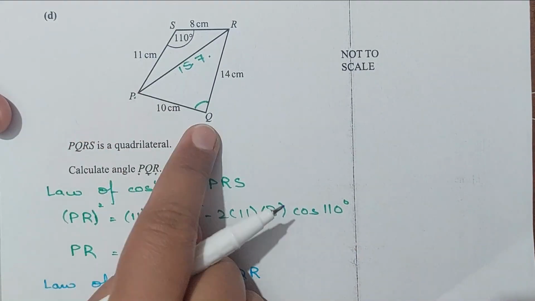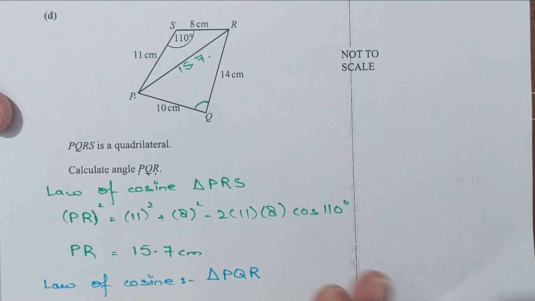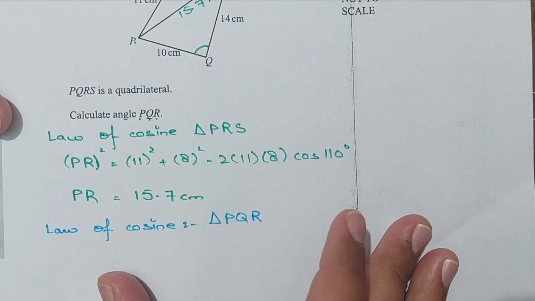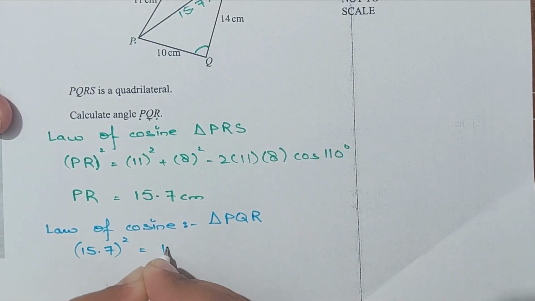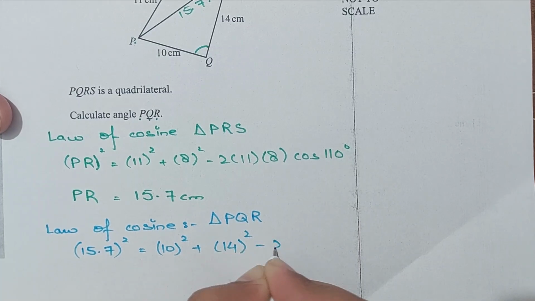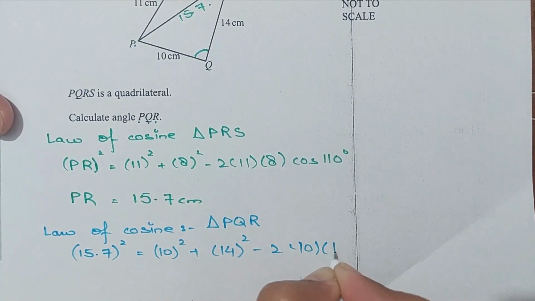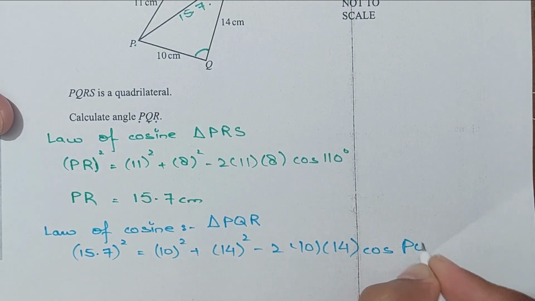You can see this is 10, 14, 15.7, and we have to find the angle in its front. Taking this side, 15.7 squared equals 10 squared plus 14 squared minus 2 into 10 into 14 and cos of angle PQR.